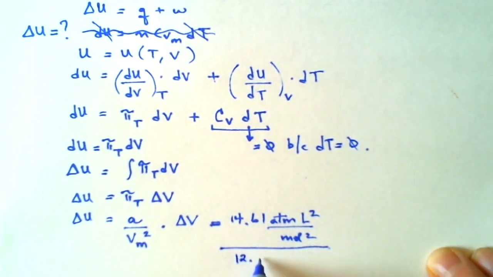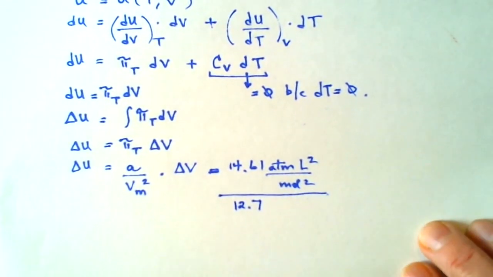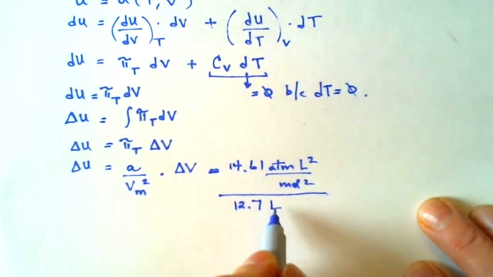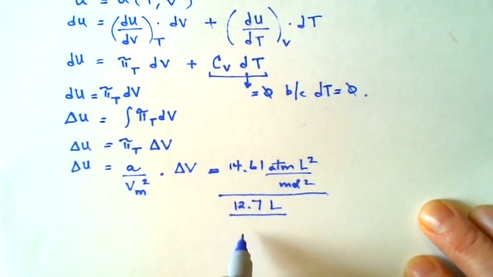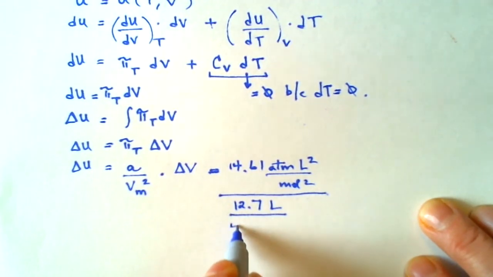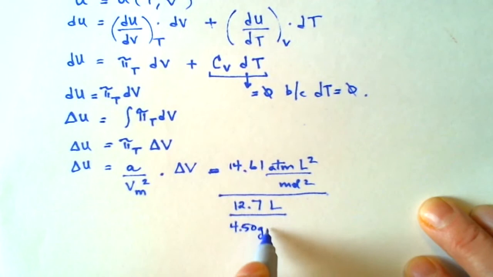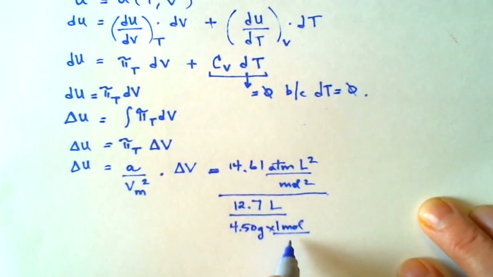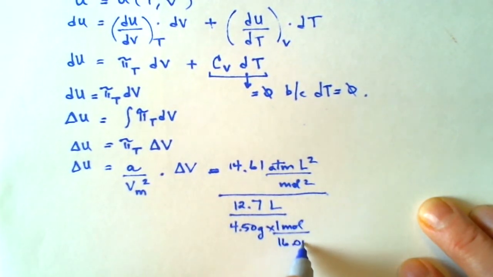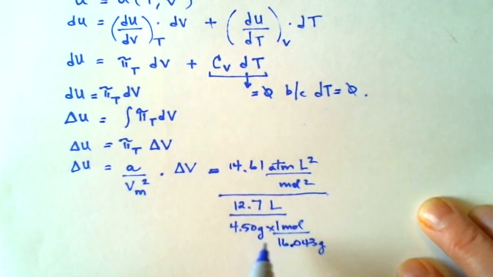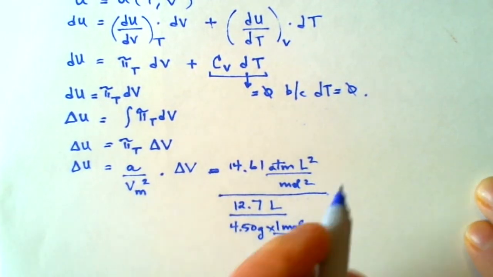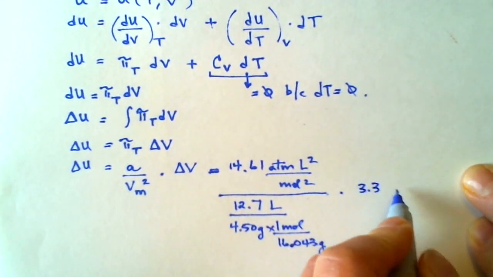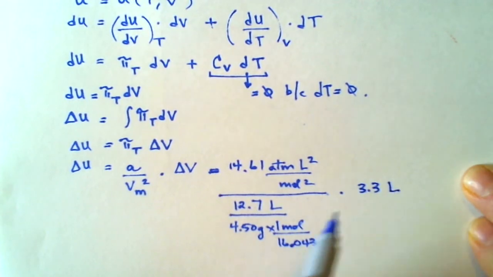The volume is 12.7 decimeter cubed, or liter, and that's going to be divided by the number of moles, and the number of moles is 4.50 grams times 1 mole, which is 16.043 grams. Now all of that is multiplied by the change in volume, 3.3 liters.